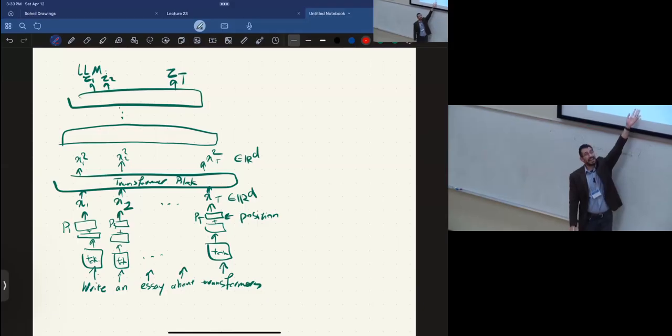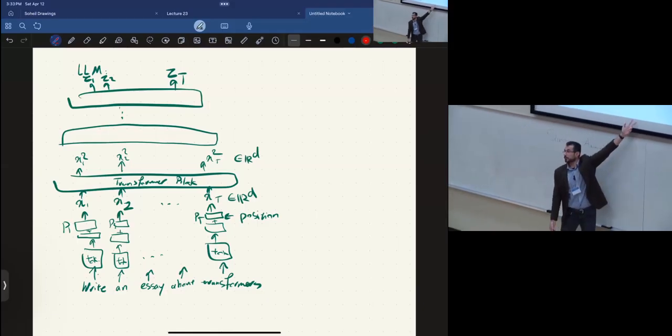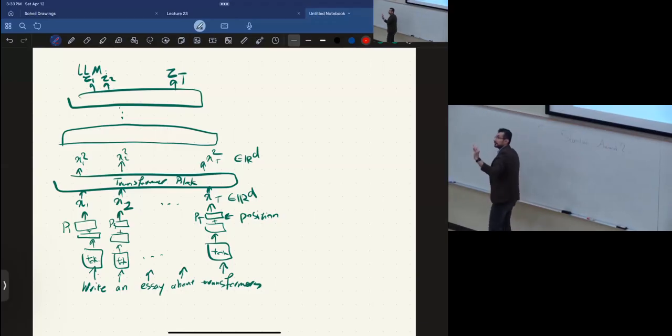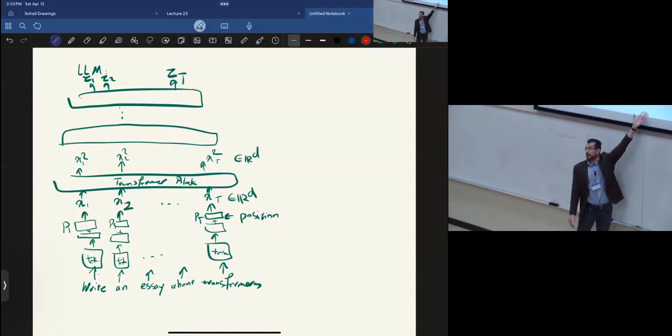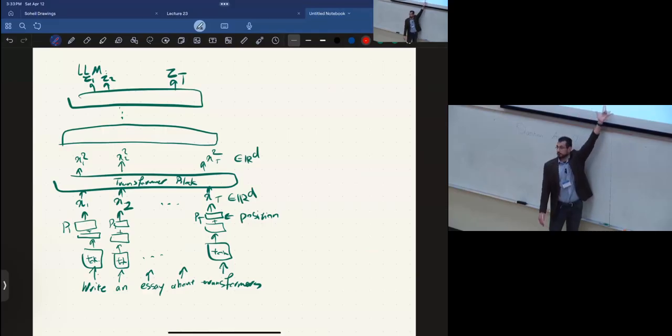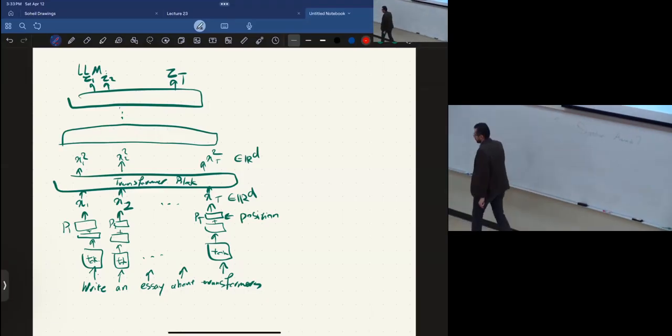It knows about essay, and it knows about transformers. Okay, so now Z1 has that information. How about ZT, transformers? It essentially says this Z is about a transformer. In what context? In the context of writing an essay, right? So these Z's encode all that information.